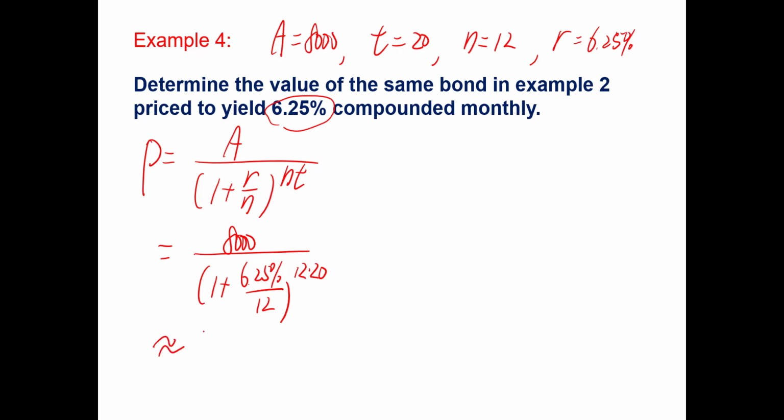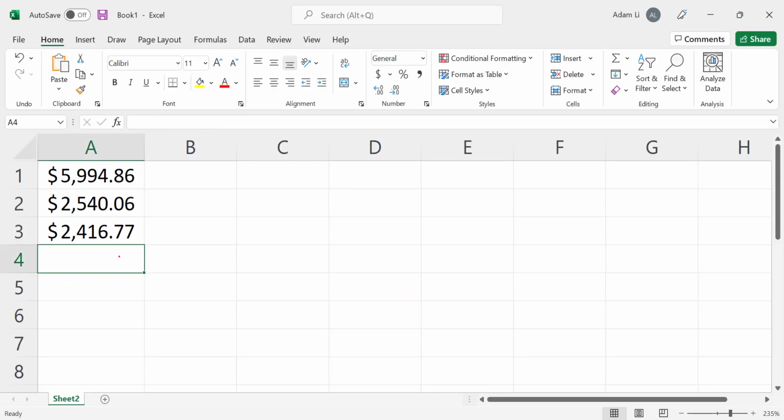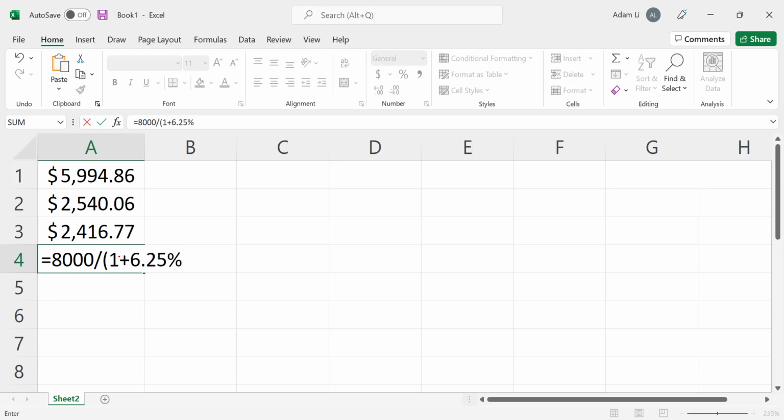Let's see what the bond price is right now. When the interest rate is higher, our intuition should be that the bond price is lower because investors are getting more return. So 1 plus 6.25% divided by 12 and raised to the 240 power.